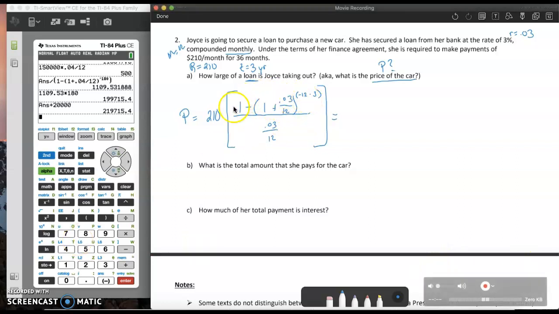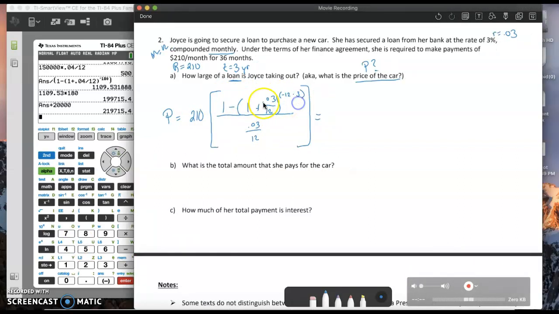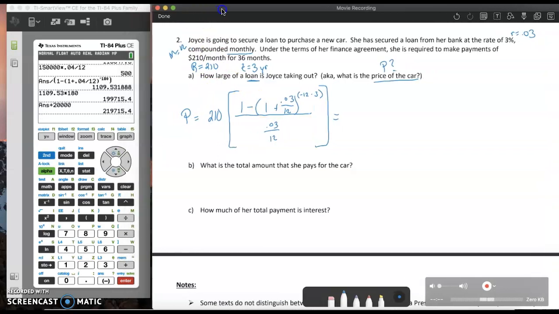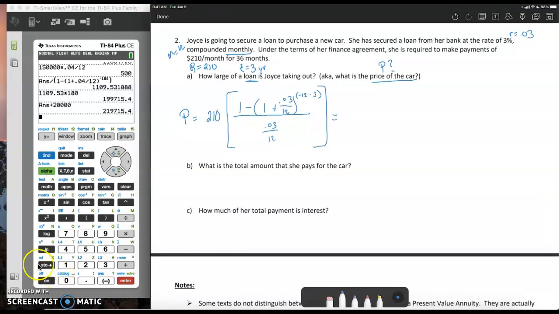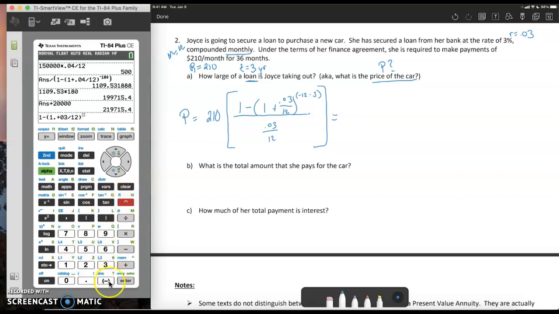Okay, again, I like to work these personally from the inside out, so I'm going to do that top giant fraction first, so 1 minus, and then a parenthesis, 1 plus the fraction 0.03 over 12, close up that parenthesis, and take that parenthesis to the negative 12 times 3, or I could have just written negative 36 there. Okay, figure out what the top is.